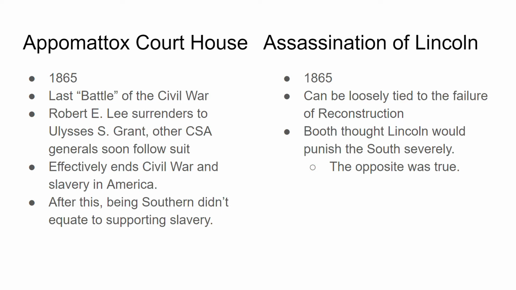Lincoln wanted to make sure the South was A-okay and actually reintegrated back into the American states, without slavery, of course, because he'd passed the 13th Amendment. That would be the main difference between post and pre-Civil War, in Lincoln's eyes. Booth thought that Lincoln would punish the South severely. The opposite was true afterward.